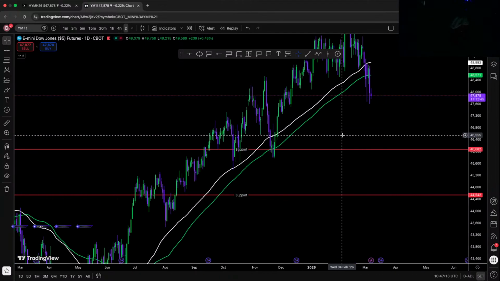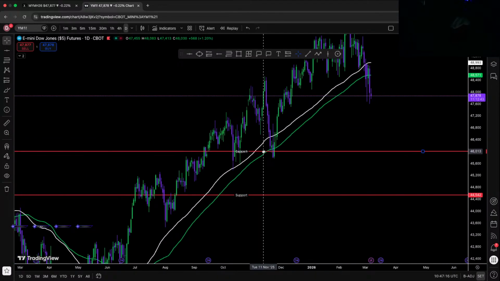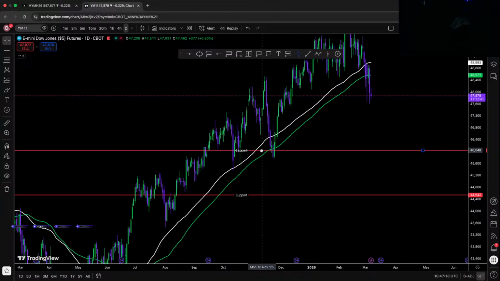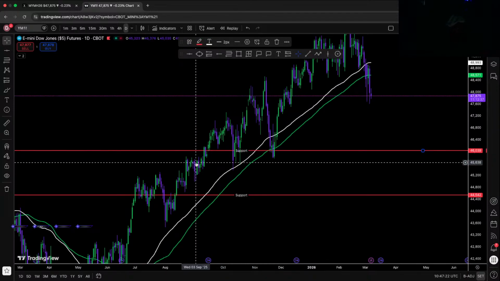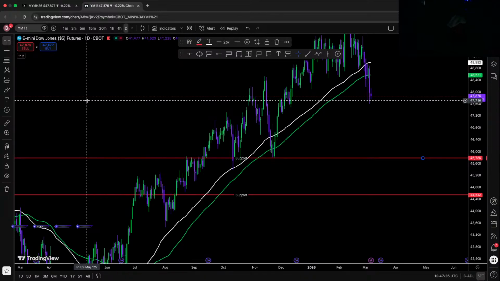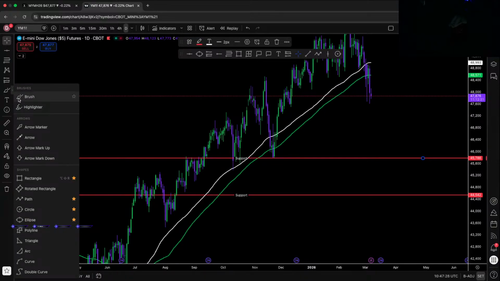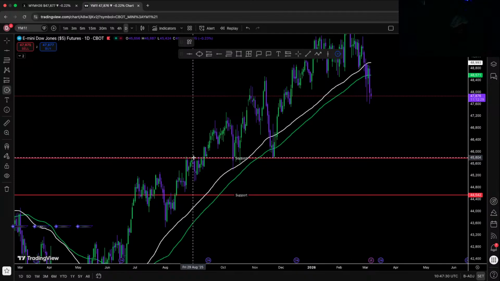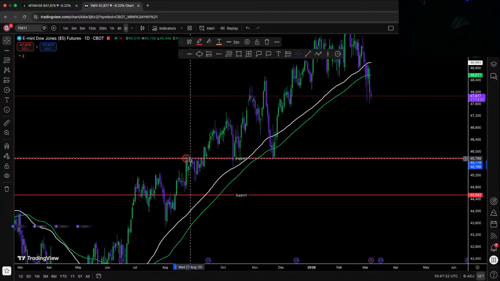Where's the next strong support? The reason I wouldn't want to put it right here, right? The reason I would want to put it lower is because I want to get the most touches possible, okay, on both sides. So that one.